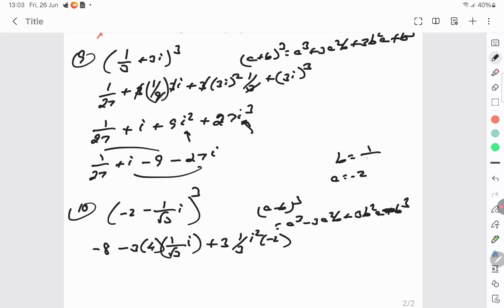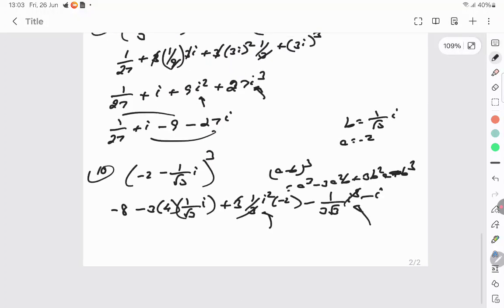And b is 1 by root 3i. You know i cube is minus i. Then try to solve. i square is minus 1. Then solve the real and real, imaginary and imaginary.